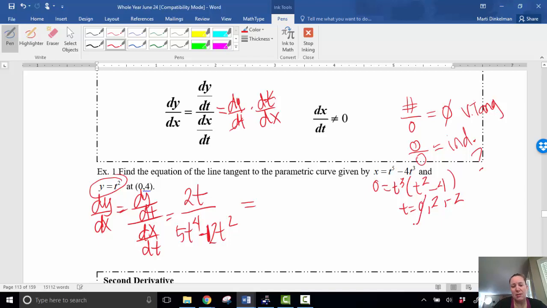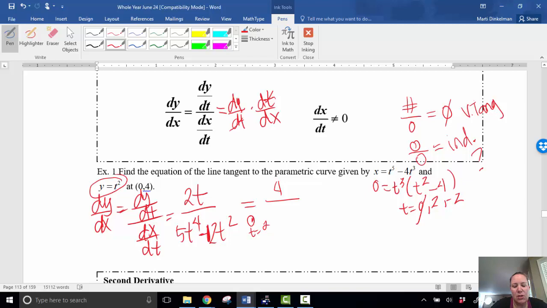Well, certainly it's not going to be at 0, because 0 isn't going to work for this particular situation with the y. But let's figure out what's happening at t equals 2 first. So t equals 2. So we're going to get 4. I might have picked really big numbers here too.